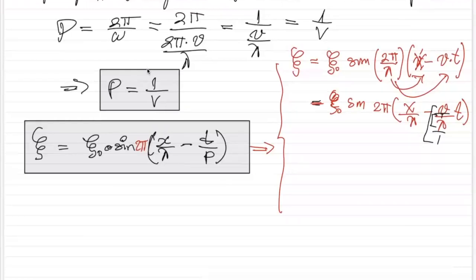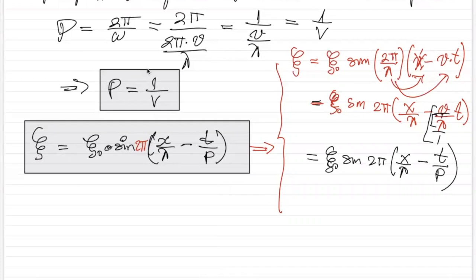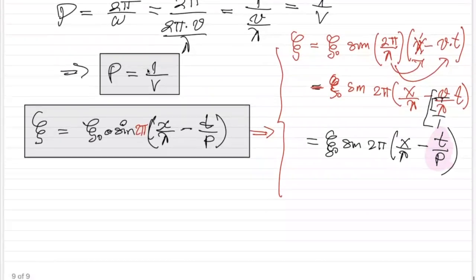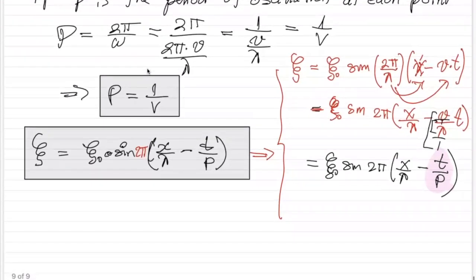But actually this formula can be written as 2 pi times x over lambda minus t over P. Here's the problem, we have to find a solution for this.